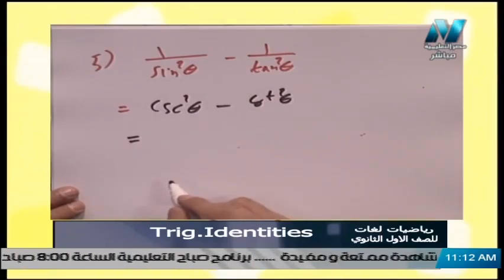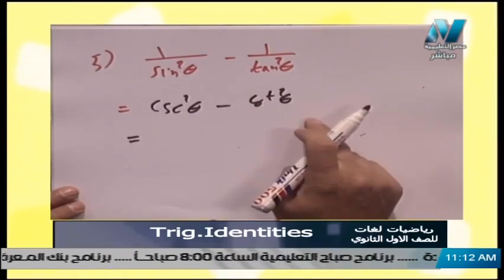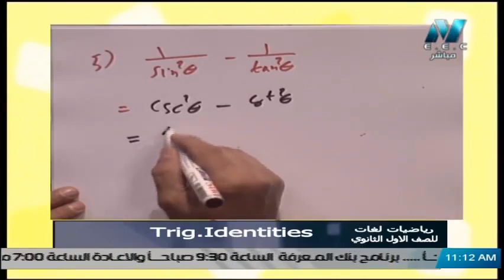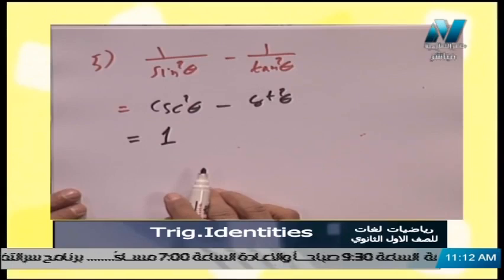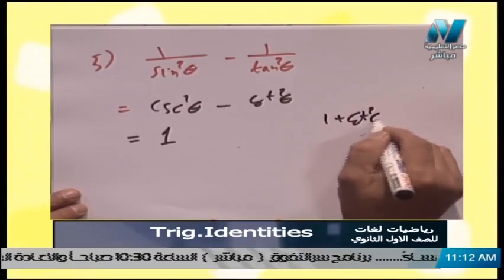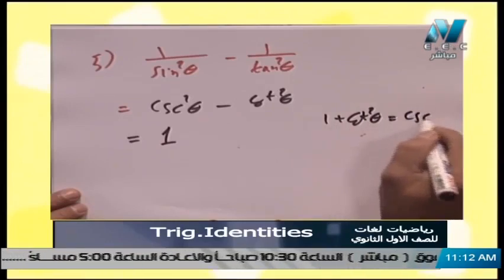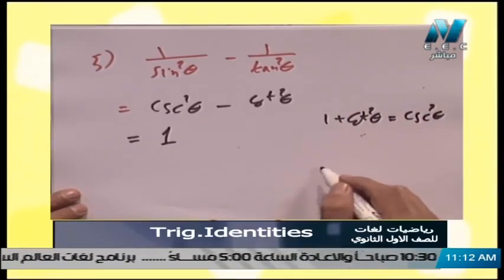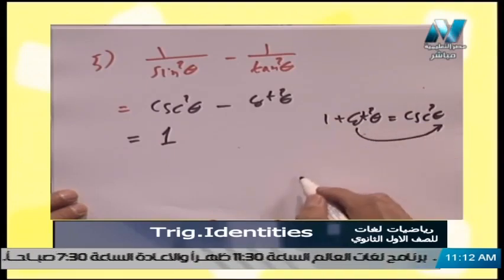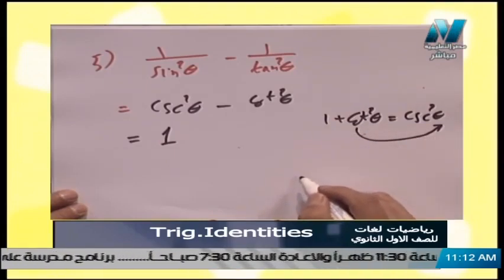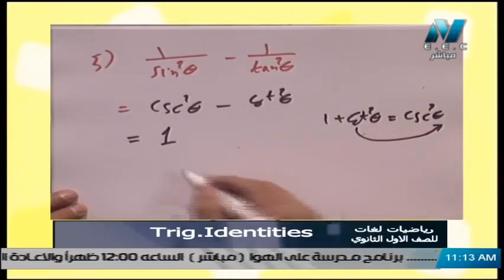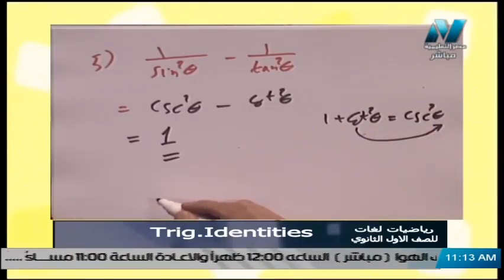From the previous rules, cosec power 2 theta minus cotan power 2 theta equals 1, because 1 plus cotan power 2 theta equals cosec power 2 theta, and moving cotan power 2 theta to the other side makes it negative.